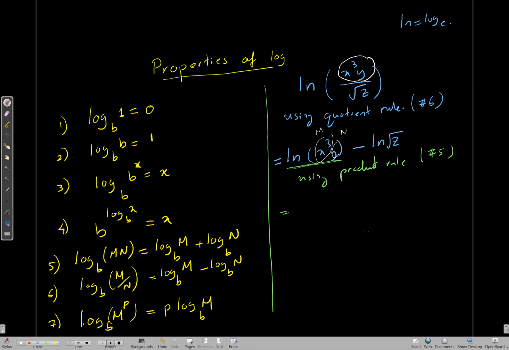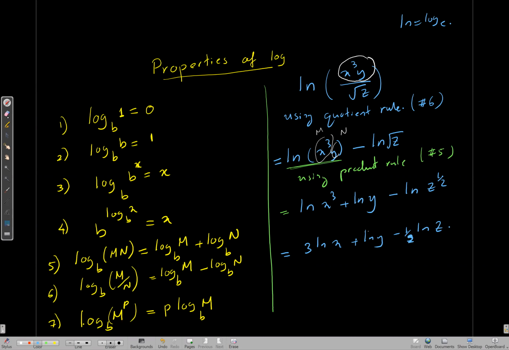So I can write ln x cubed plus ln y minus ln z to the 1/2. At this step, it's all about using the power rule, property number 7: 3 ln x plus ln y minus 1/2 ln z. That's the best we can do, right?